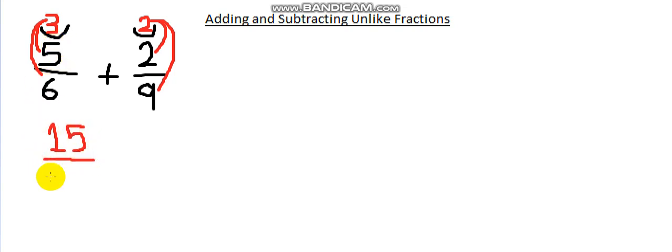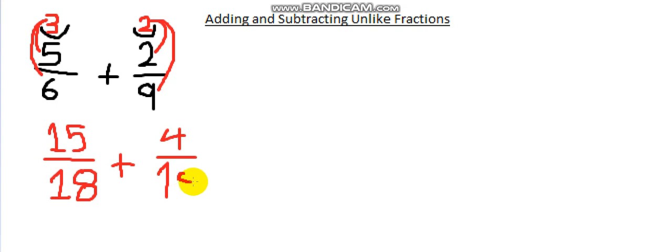And 3 times 6, well, we already calculated that, that's 18. And then the second fraction. We'll say 2 times 2 is 4 over 2 times 9 is, again, 18.